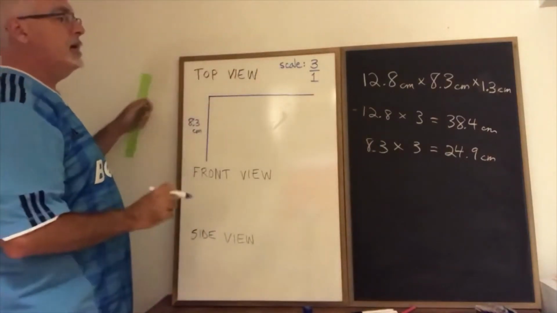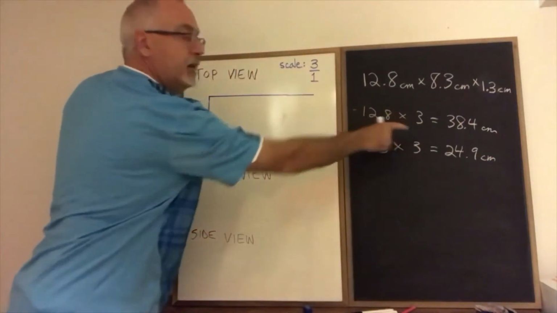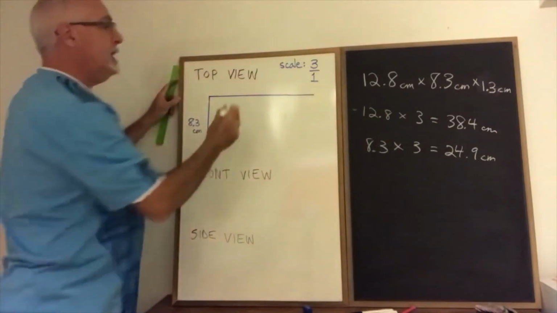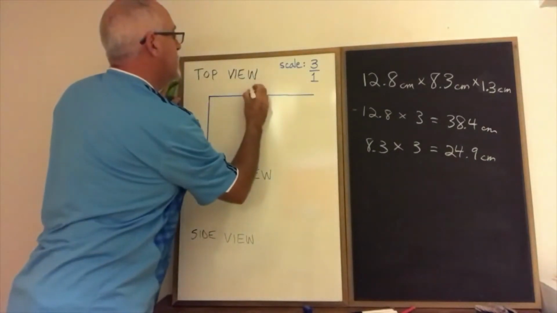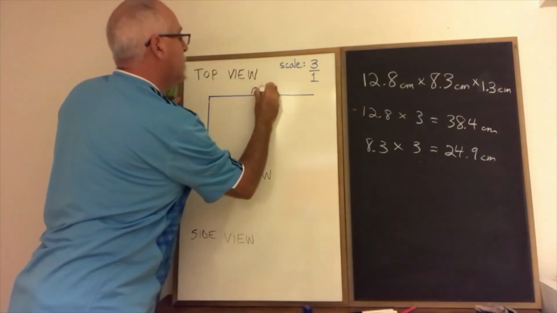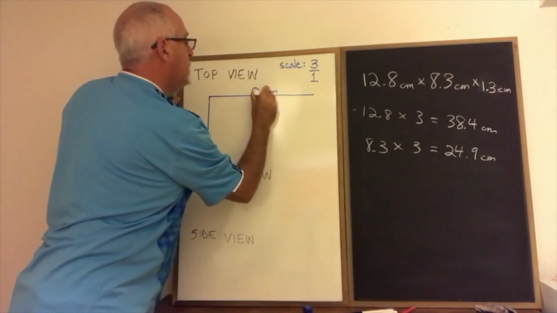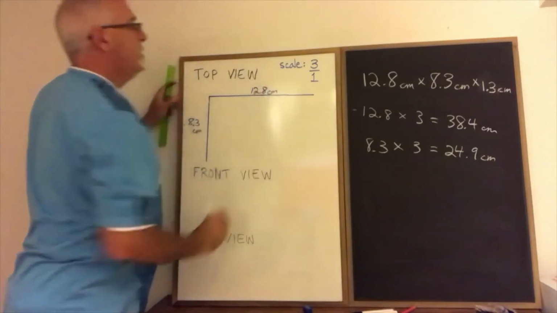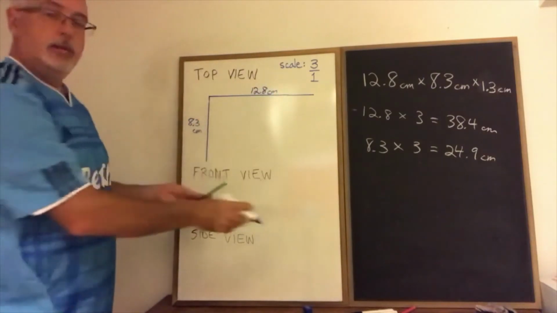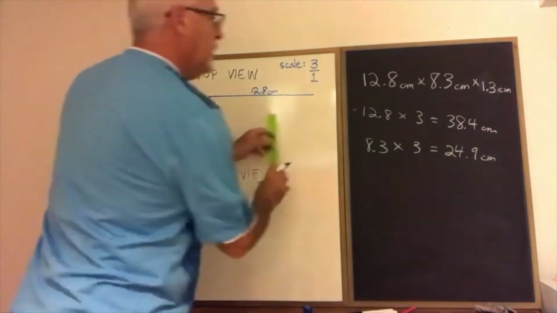I have my length, and it's not really 38.4 centimeters the way I drew it. It's 12.8 centimeters on the real object. Now I need to draw the other two sides, and then I'm finished.